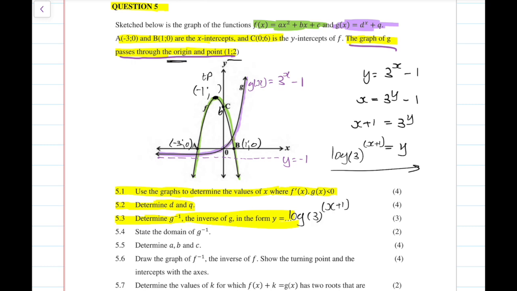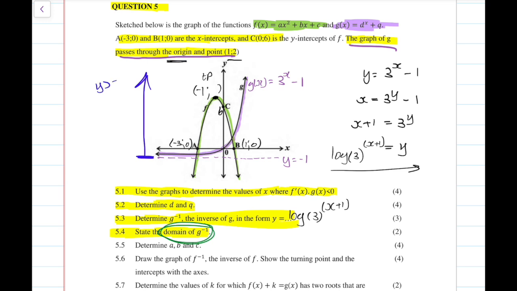State the domain of the inverse. Now the domain of the inverse will equal the range of my original. So what is the range of my original graph? What is the range of the purple graph? This purple graph is always above minus 1, right? The range of the purple graph for the original g of x graph is y is greater than minus 1.